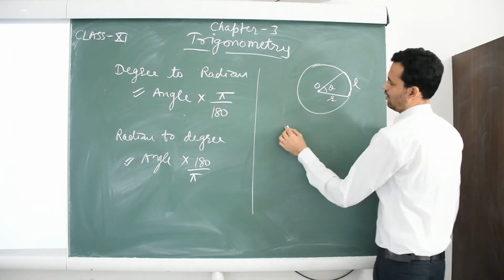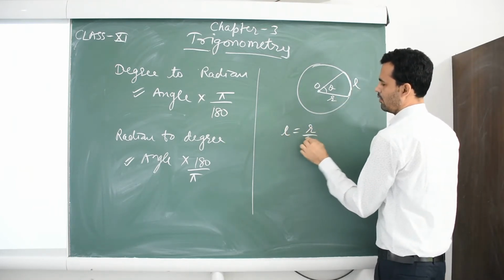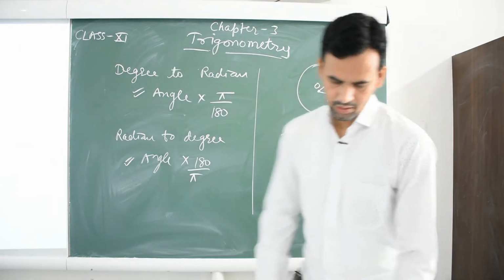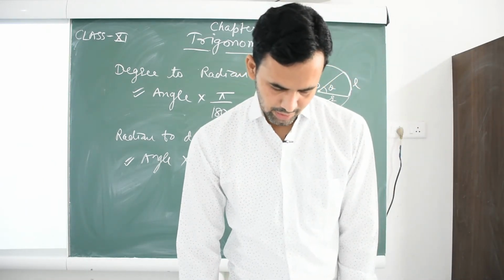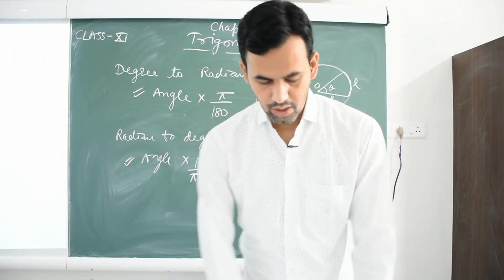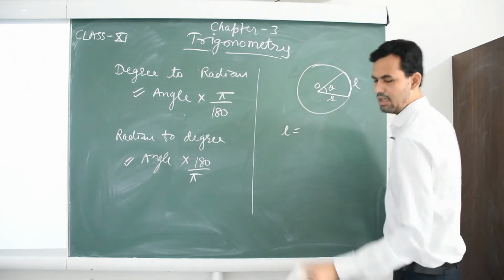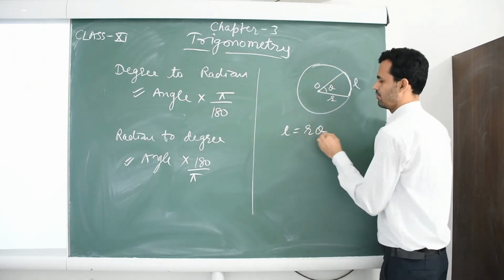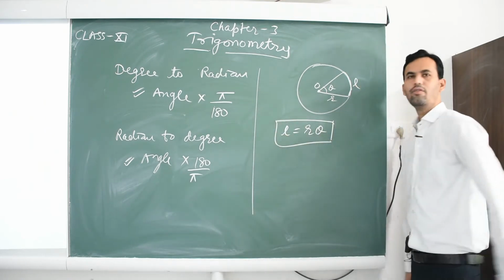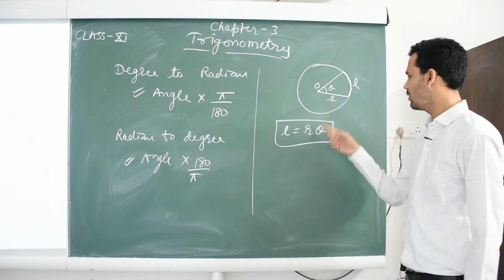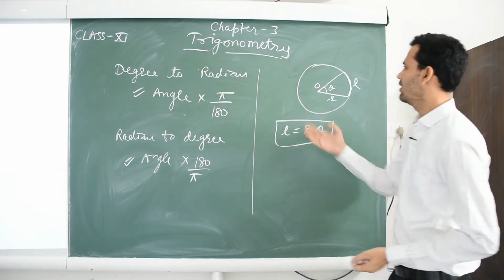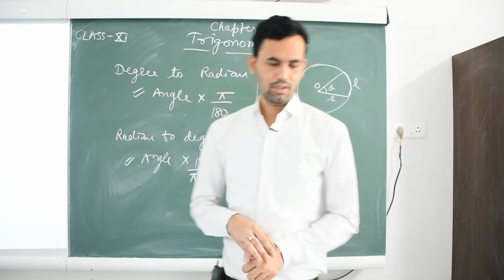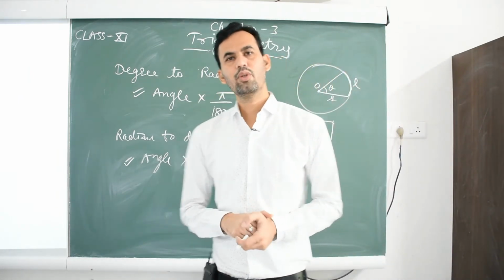Then the formula is L equals r theta. Length of arc equals radius into angle. So these three formulas are important for exercise 3.1.